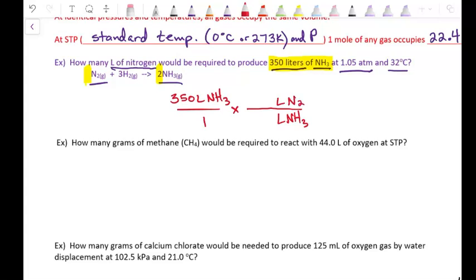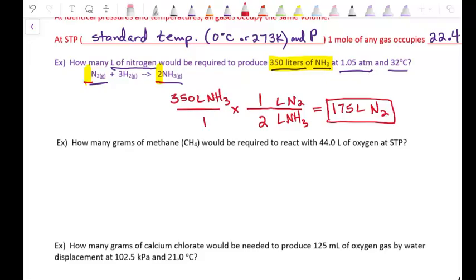And those coefficients are 1 and 2, so all I'm going to do is 350 divided by 2, which gives me 175. So I would expect to need 175 liters of N2 if I was trying to make 350 liters of NH3. It's a very simple, straightforward question.